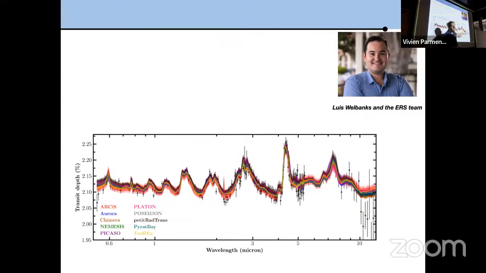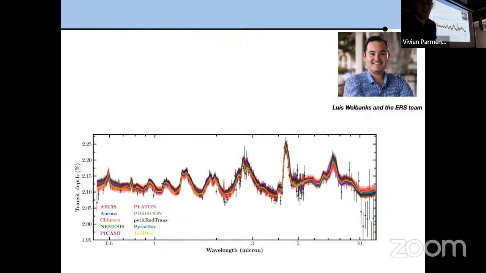This is actually a big effort led by Luis and the Early Release Science team, where 300 scientists from atmospheric science and exoplanets came together to analyze the first batch of James Webb data that we got from NASA. This is only like 12 models, but there are more in the paper. The idea was really to get together as a working group, benchmark the models and try to agree on what the best solutions were.